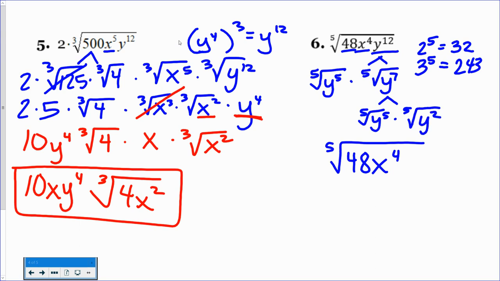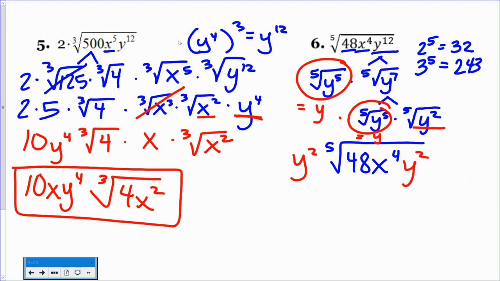Okay, so I've got the 5th root of y to the 5th is y, and this 5th root of y to the 5th is y. So I'm taking y times y to get y squared. And then I'd be left with this y squared inside of my radical. Okay, so that would be my final answer.